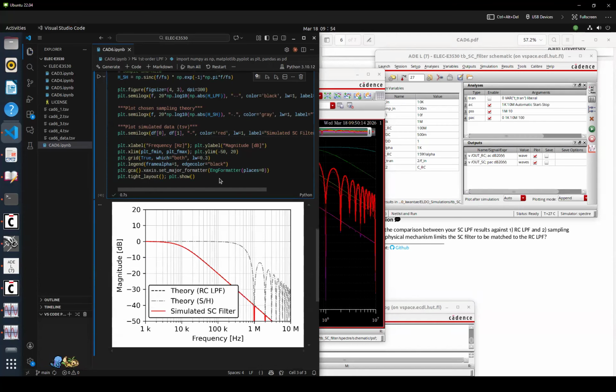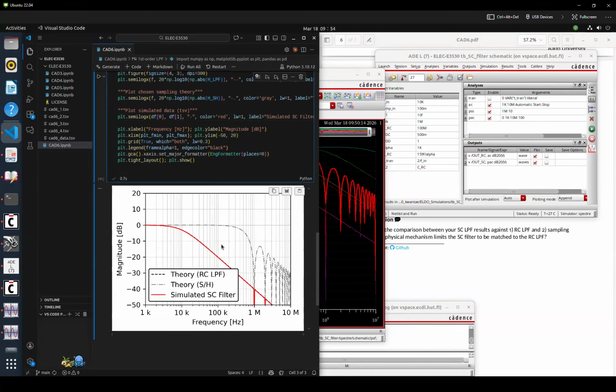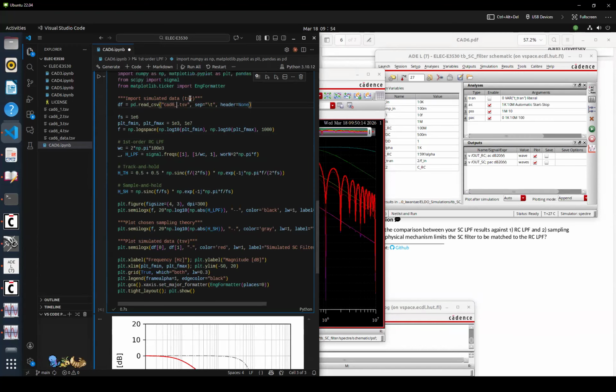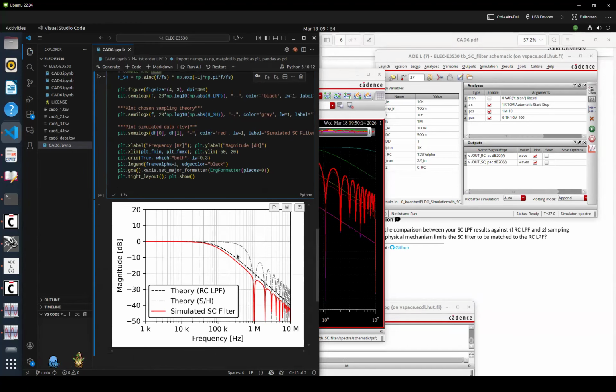Then you can see that it has almost no difference between the RC low pass filter and the simulated switched capacitor filter, as we have seen in this simulation setup. And for the second one, definitely you can see that it has a discrepancy because of calculation error as in the previous lecture. But you can see that its sample and hold theory matches quite well to the simulated switched cap filter for this region.